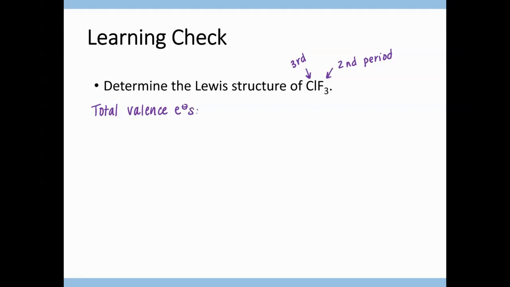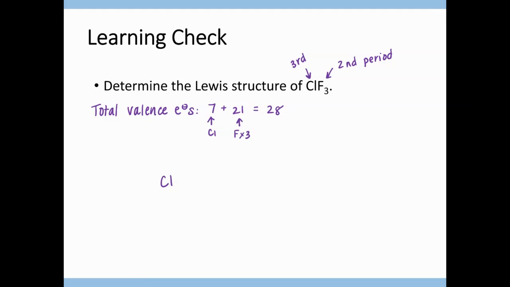So we'll use the same process, starting with total valence electrons. We have 7 from chlorine and then 21 from fluorine times 3. So 28 valence electrons. Since chlorine is in the third period, we will arrange that in the center.